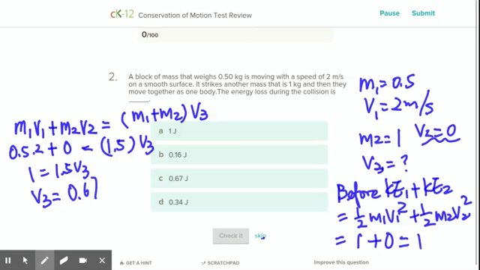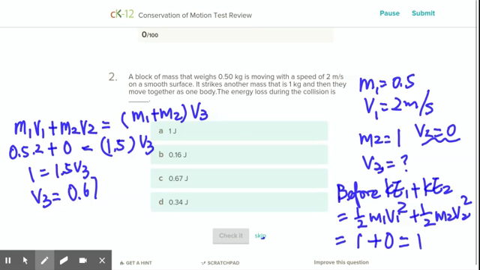We have, so after we find it, using the conservation of momentum, we find out the velocity of when they move together, right? And then since we're looking for the energy lost, we need to find the kinetic energy before collision and kinetic energy after collision. Does that make sense? So right now, I'm looking for the kinetic energy before collision in two separate items.